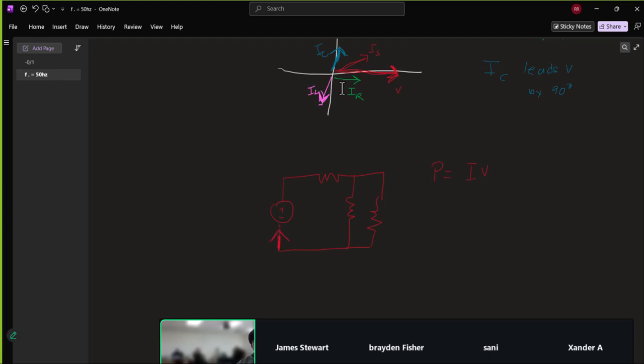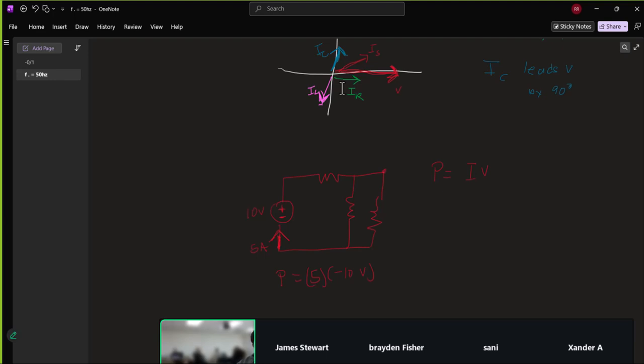And if I am entering into the negative side of a voltage source, like if this was 10 volts and this was 5 amps, that power would be 5 times negative 10 volts, because I'm entering into the negative side of that 10 volt voltage source.